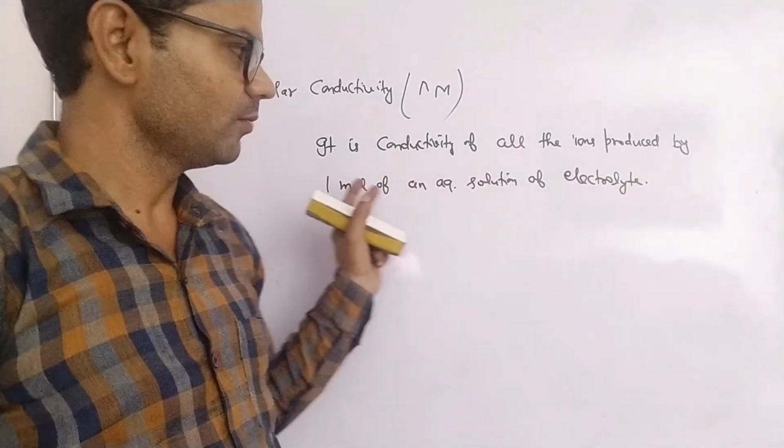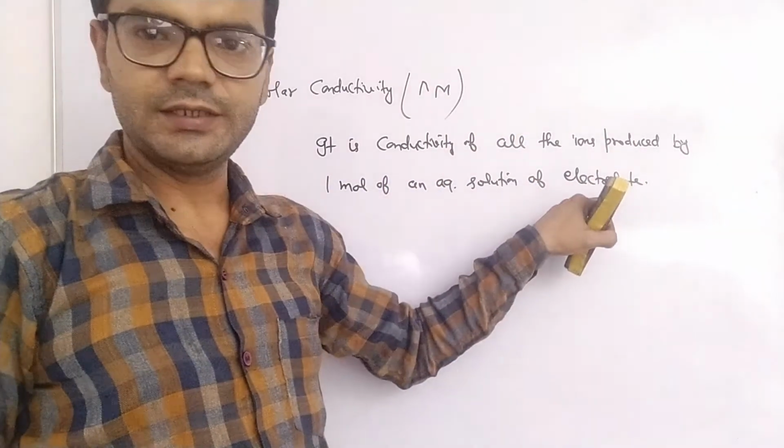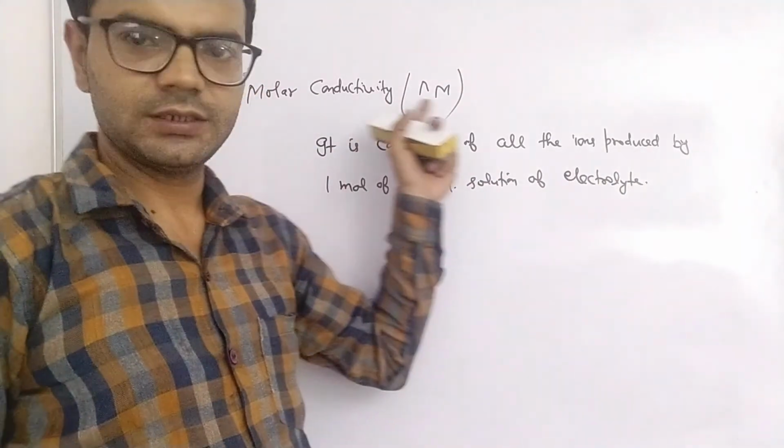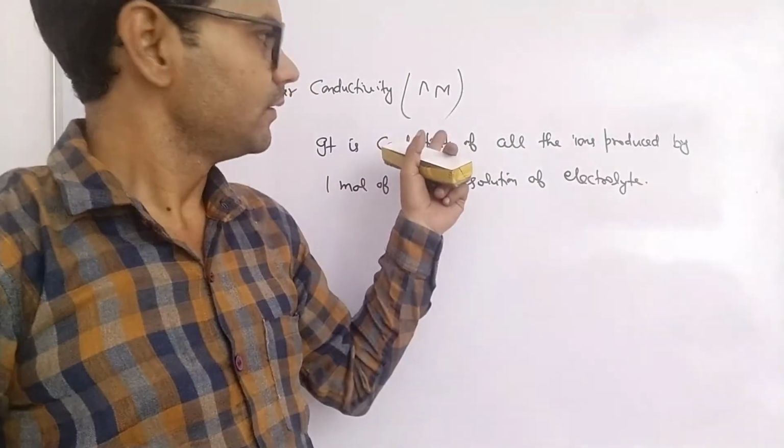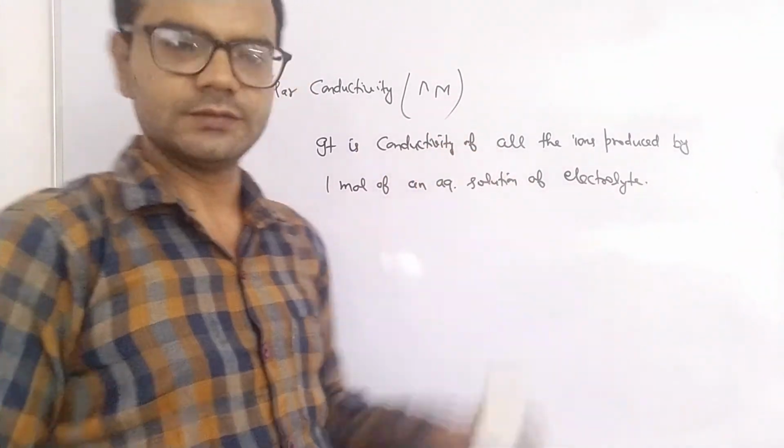Conductivity of 1 mole electrolyte aqueous solution, that is called molar conductivity. Now you don't need to cram its formula. We will understand the formula.